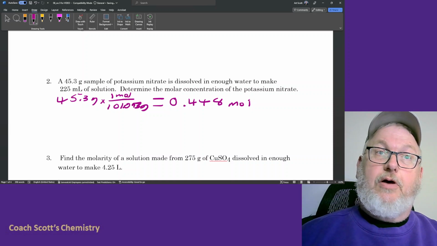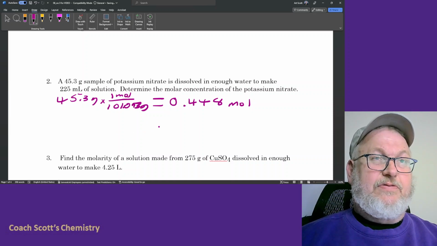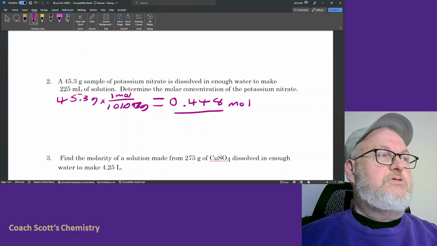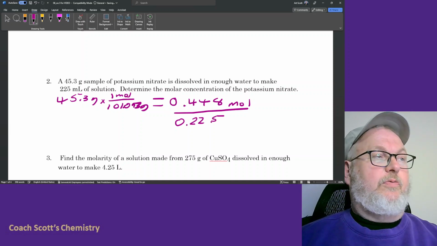So I'd like to know what the molarity of this solution is. What's the concentration? So if I take that number of moles and divide it by the number of liters in my solution, let's go ahead and convert that over to liters, 0.225.